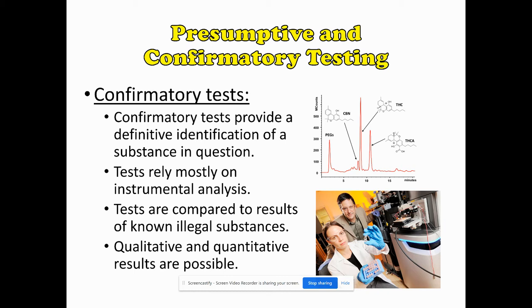We're able to identify these different spikes as particular components of marijuana. So we have CBN, THC, and THCA, and there is a variety of different cannabinoids that could be found here.